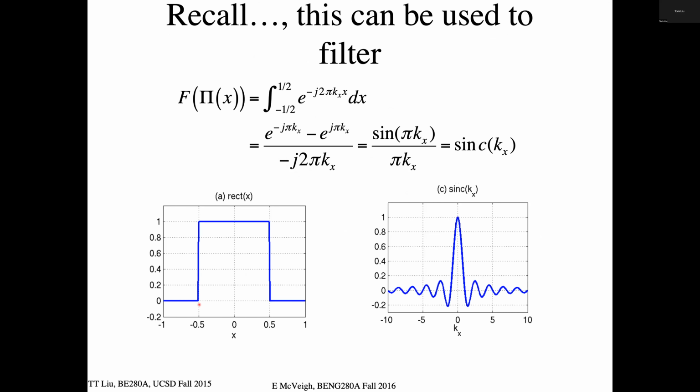And a way to filter, for example, a really bad way to filter, but a potential way to filter is, if you want your spatial frequencies to be represented by a rectangle function, so you've got spatial frequencies inside a certain frequency bandwidth and nothing outside, you can convolve your function with this sinc function, right?